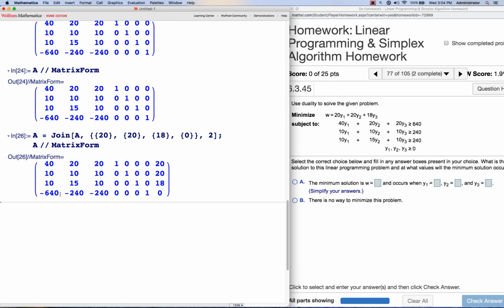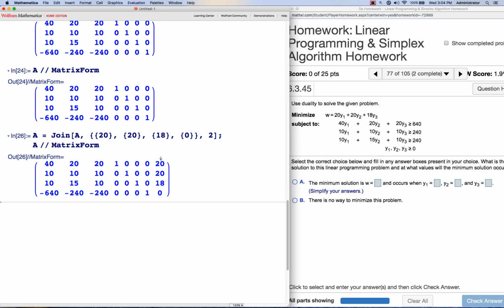Okay, so this column has the most negative value in the bottom row, so that's where I'm going to pivot. I'm going to pivot in that column. Okay.